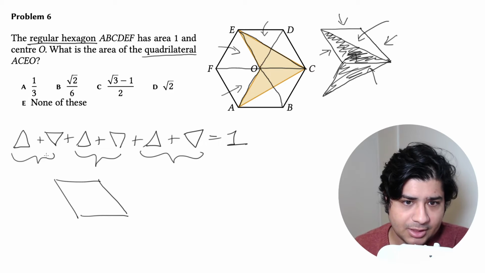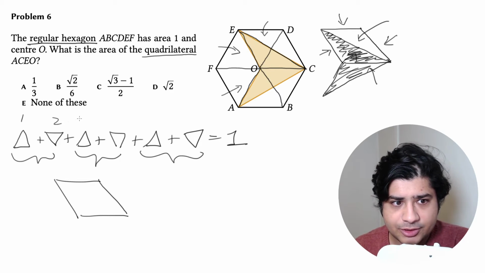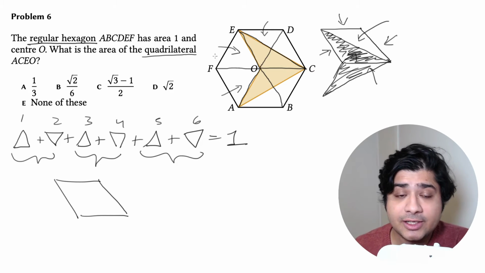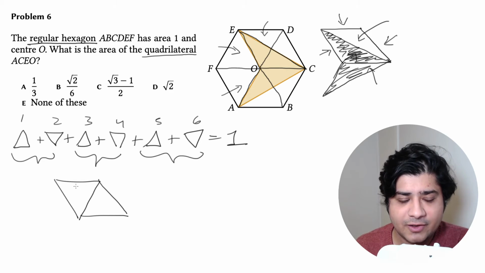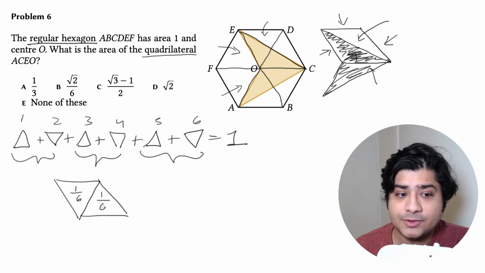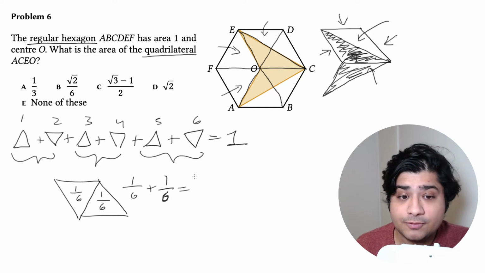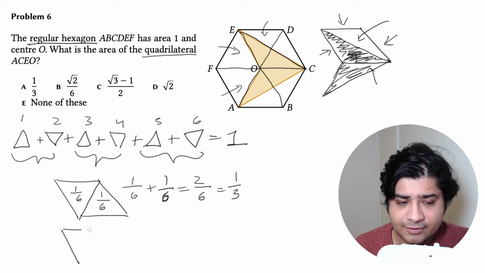So there are 6 of these, right? 1, 2, 3, 4, 5, 6 of these. So this one has to have an area of 1 over 6, which means that this also has to have an area of 1 over 6. What does that get us? Well, 1 over 6 plus 1 over 6 is 2 over 6, which is the same as 1 over 3. Now, that gives you the area of this one.